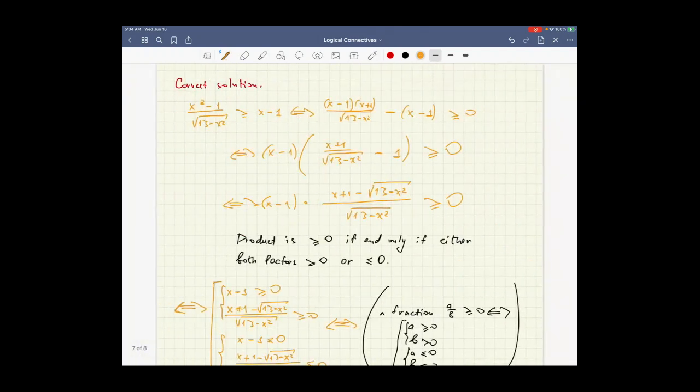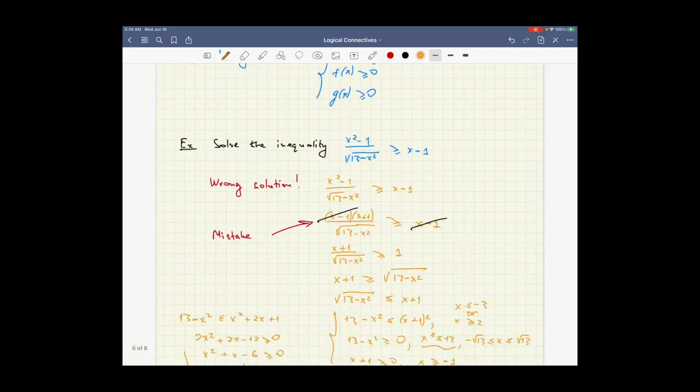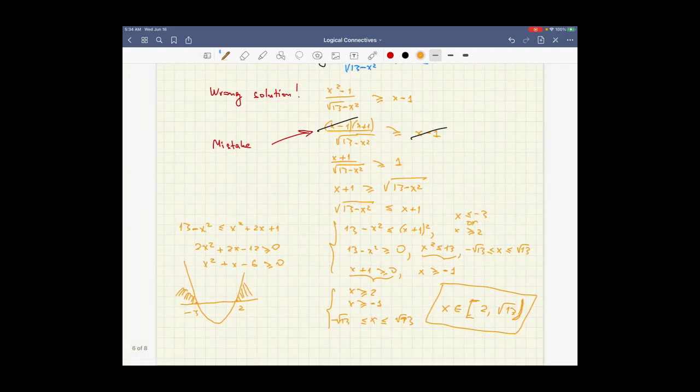Now, if you compare this to the answer that we got when we did our own solution, we lost half the answer because we did have from 2 to root 13, but we didn't have from negative root 13 to 1.